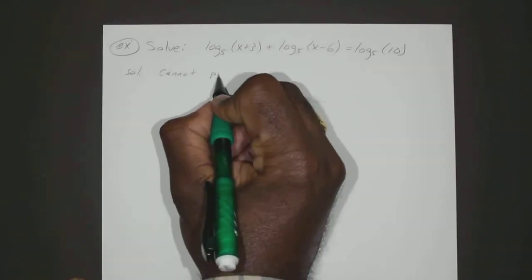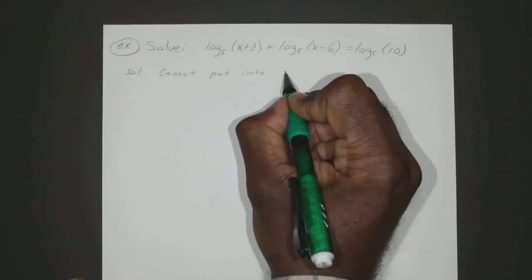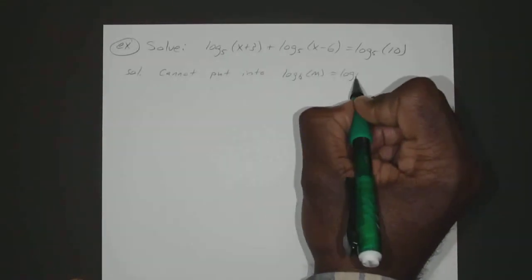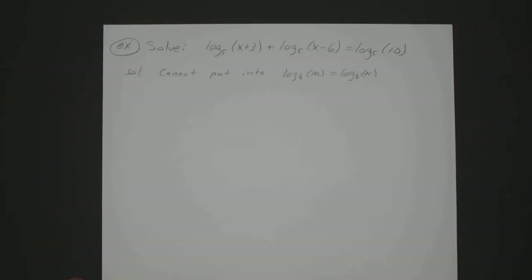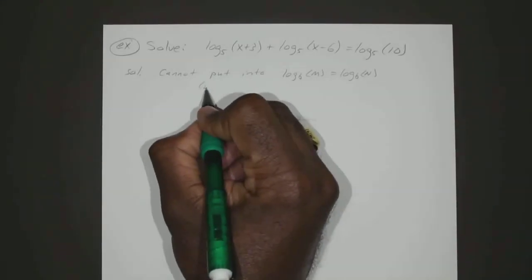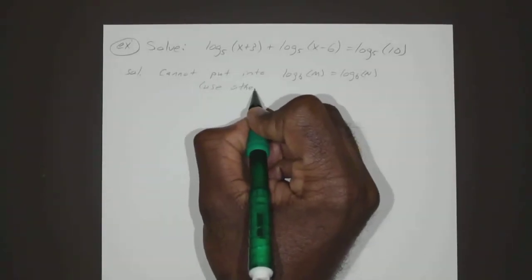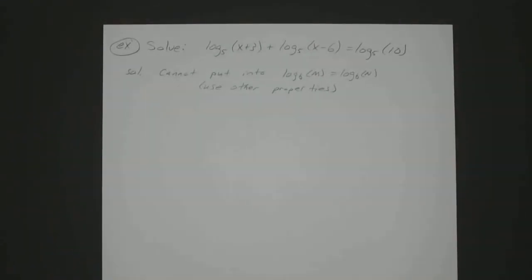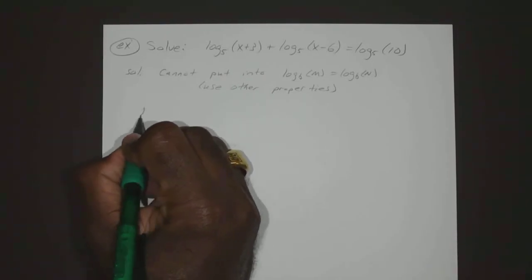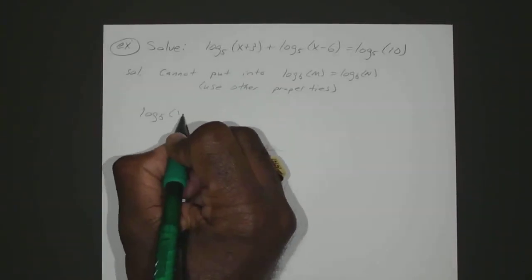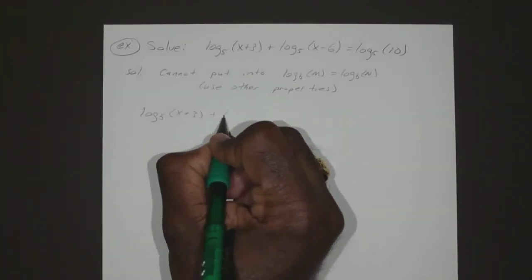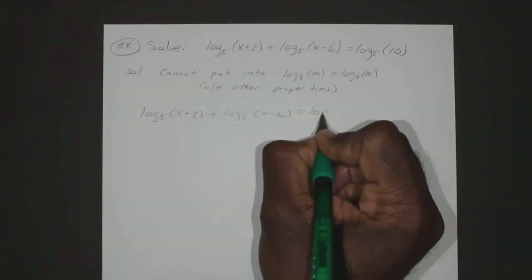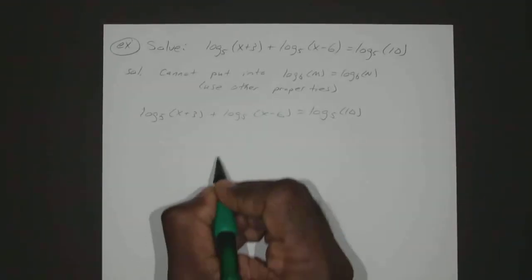So we cannot put it into log base b of m equals log base b of n. So we use the other properties. Okay, so if we go ahead and rewrite that real quick: log base 5 of x plus 3 plus log base 5 of x minus 6 equals log base 5 of 10.